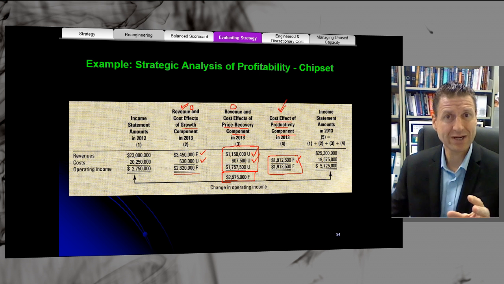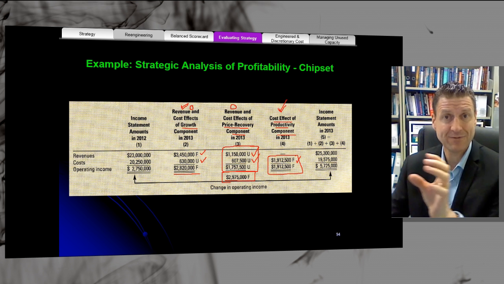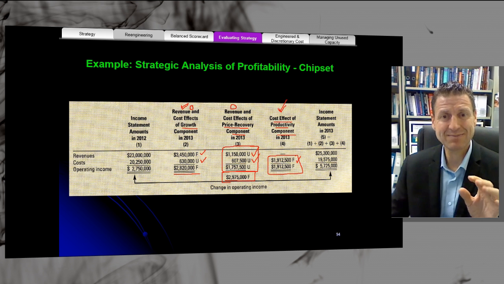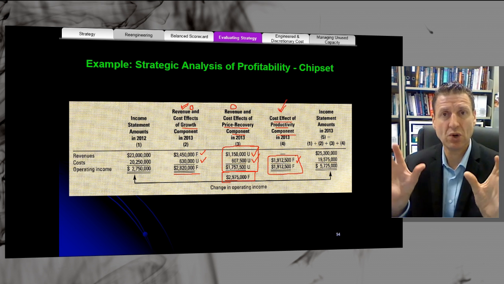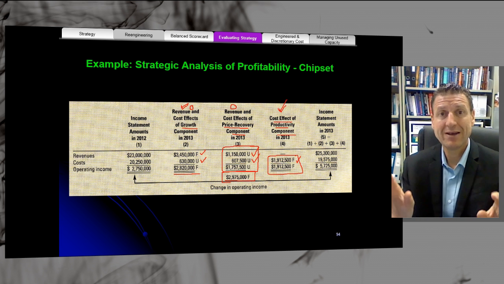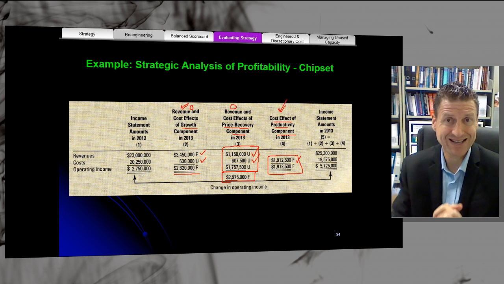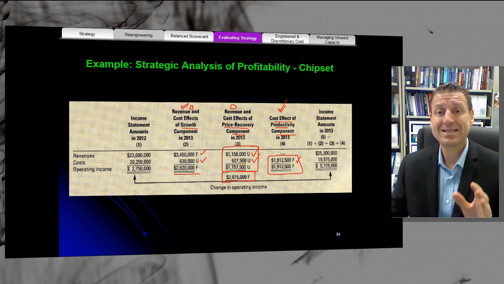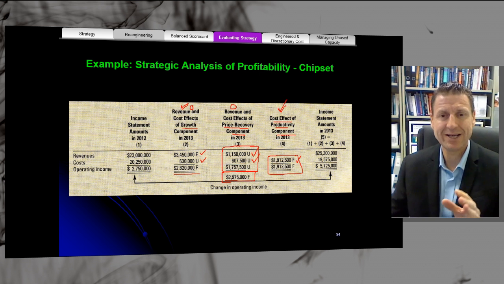Remember, price recovery is a focus of a differentiation strategy. Sometimes you cannot balance all of these three and push all of them at the same time. You need to emphasize two depending on which strategy you are following. Sometimes you're focusing on productivity, and it comes at the cost of price.